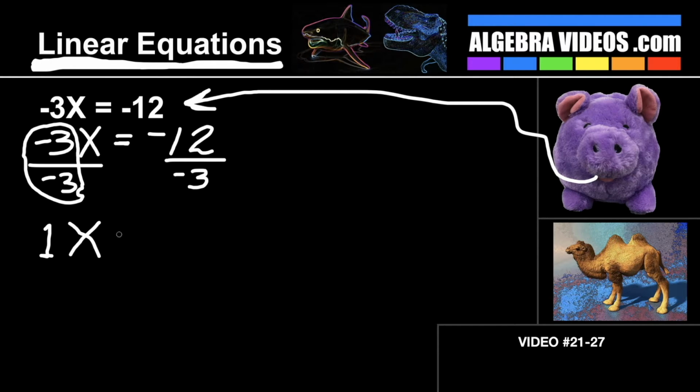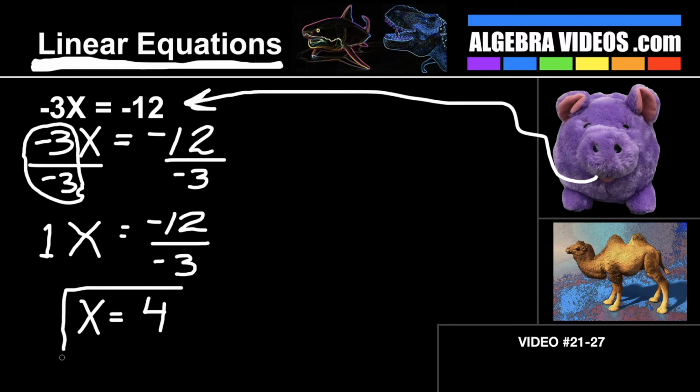So it's 1 times x is equal to negative 12 divided by negative 3. I didn't change anything. I just rewrote that. And then that simplifies, again, 1x is the same as x, right? So I'm just going to write x is equal to, and negative 12 divided by negative 3 is 4.